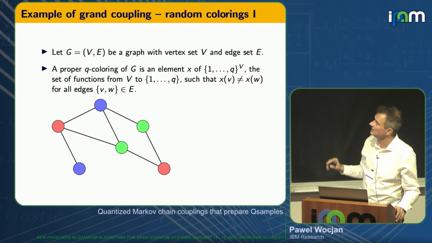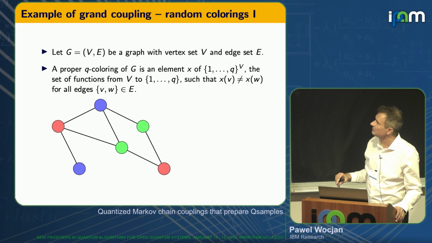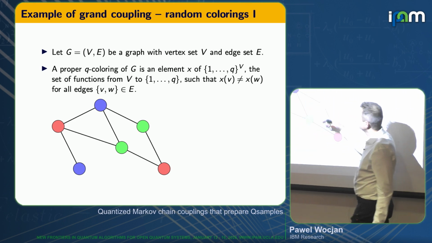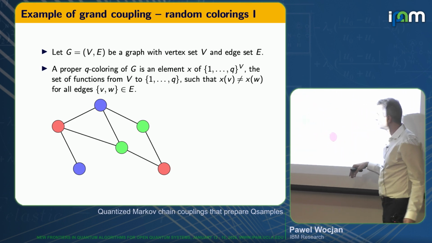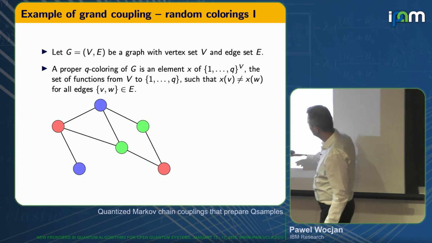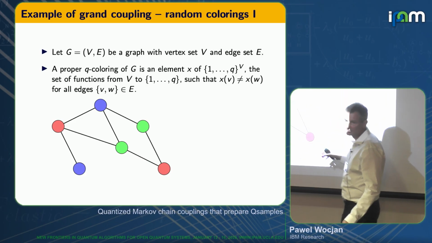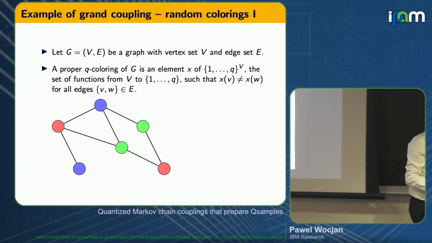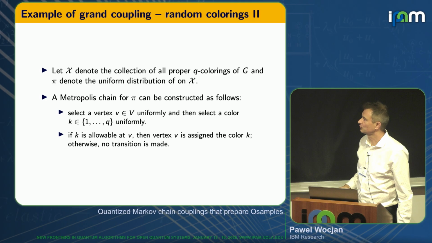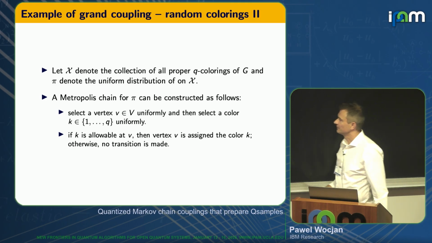So for example, you have these grand couplings. So you have random colorings. You have a graph, and you would like to sample uniformly at random from all the admissible colorings. And admissible means that no two vertices that are connected receive the same color. And then what you can do is you can set up a Metropolis chain for this.